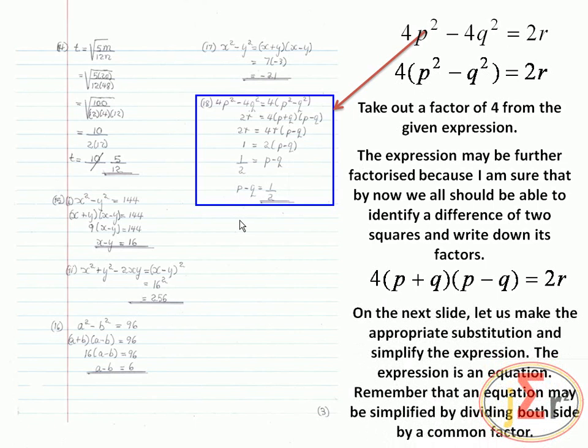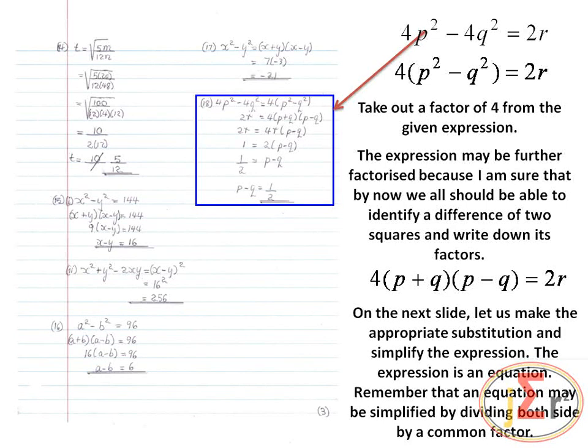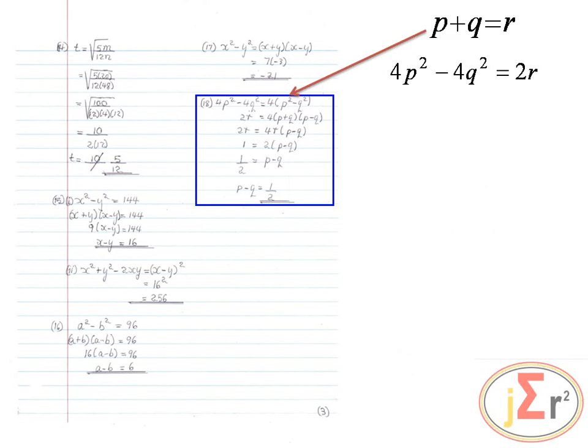On the next slide, let us make the appropriate substitution and simplify the expression. The expression is an equation. Remember that an equation may be simplified by dividing both sides by a common factor. Go straight ahead.